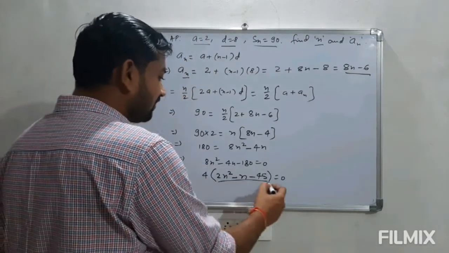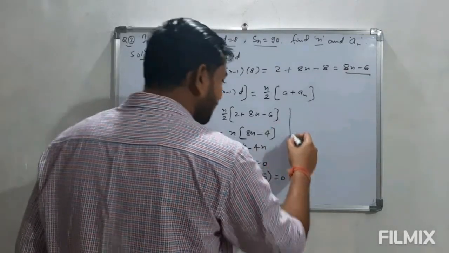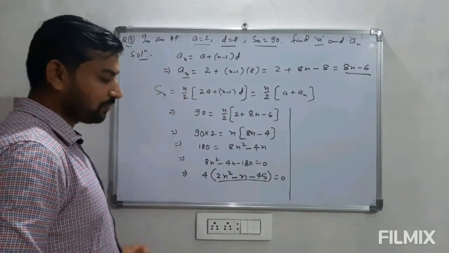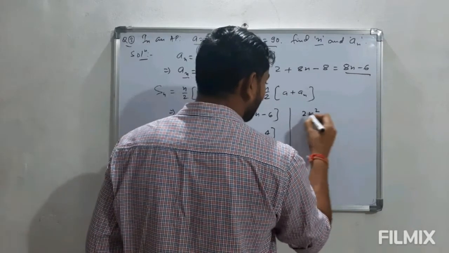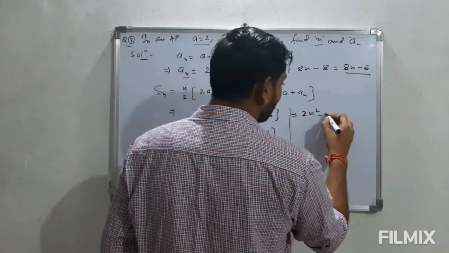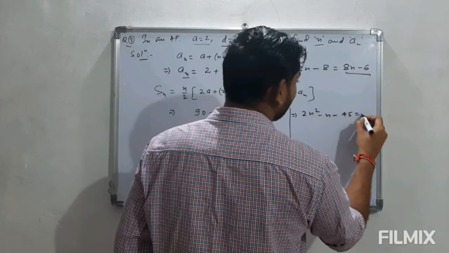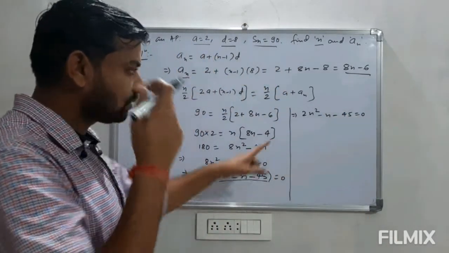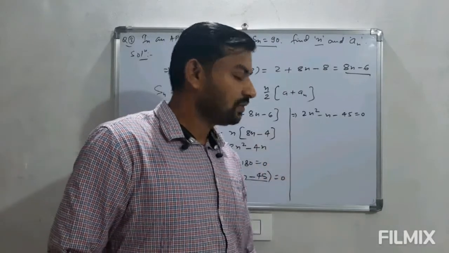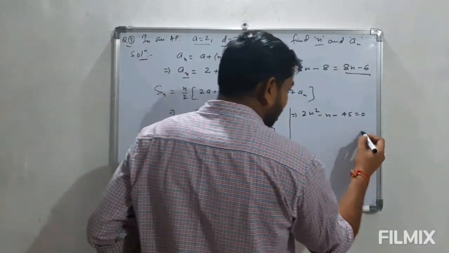Now we have to factorize this quadratic equation to get the value of the number of terms first. So let us factorize this. The equation is now 2n square minus n minus 45 is equals to 0. Now look at this, we have 2 into 45, so the total value is 90.